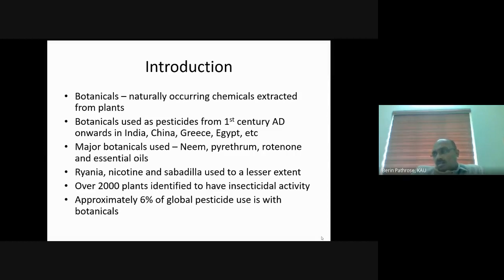Though in our state, tobacco decoction is recommended for plant protection. Ryania and sabadilla are not used here, but in areas where these plant materials are available, they are used to a lesser extent. They don't have that much insecticidal property, but nicotine has good insecticidal property.